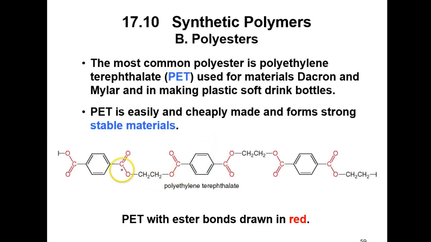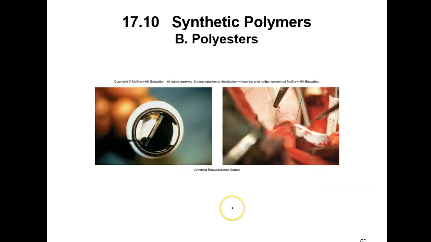You can see the ester group right here. You have an ester attached to a 2 carbon chain, so you have a diacid, and then a diol. An alcohol has 2 ends, and it just keeps repeating over and over again.